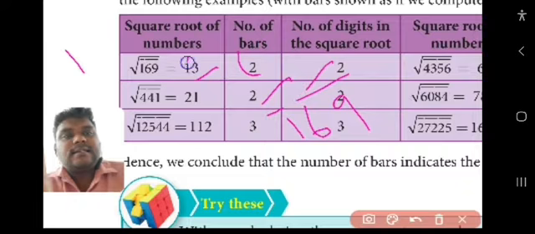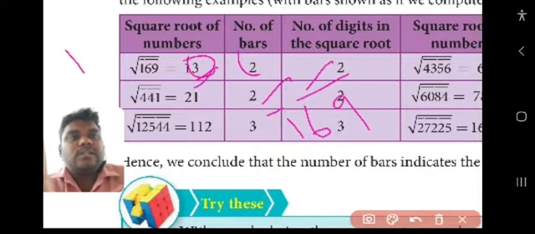So the answer is 13, a 2 digit number. So number of bars is 2, so number of digits in the square root is 2.